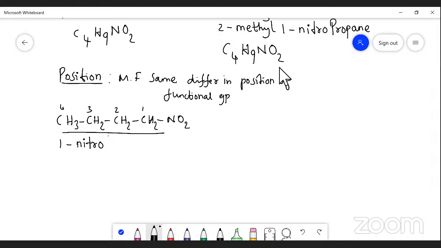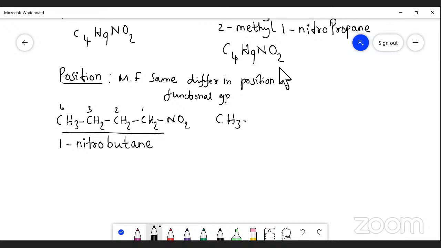Only 4, so the root word is but. And the primary suffix is ane. So the compound name is 1-nitrobutane.